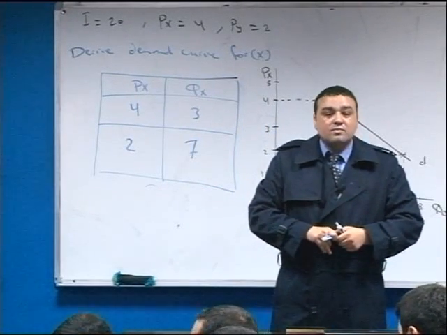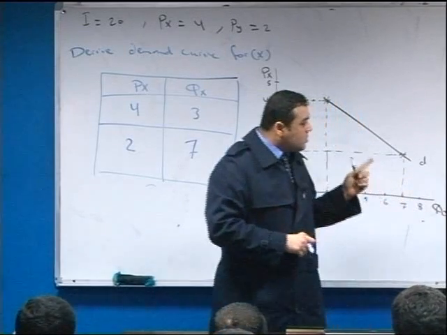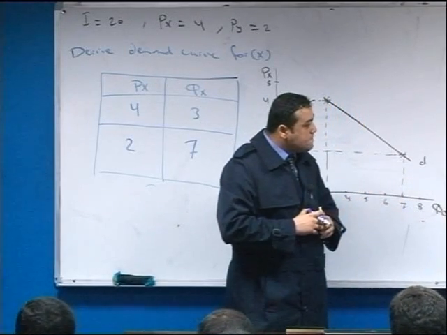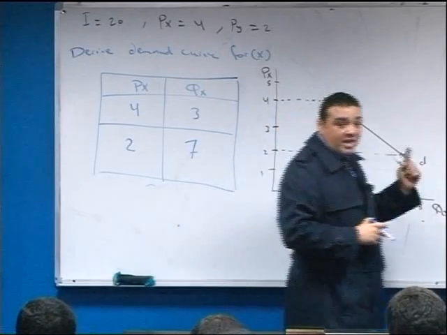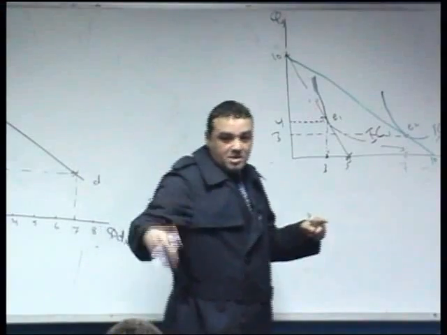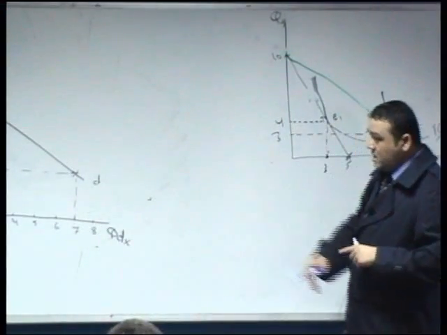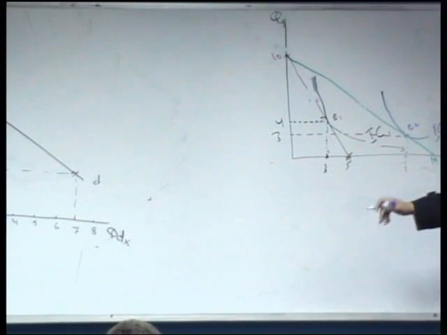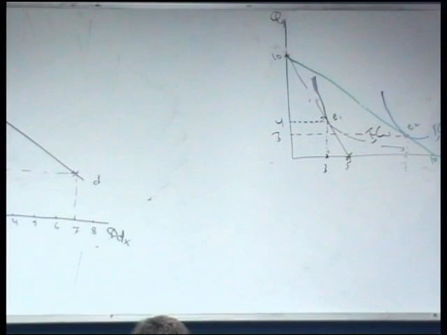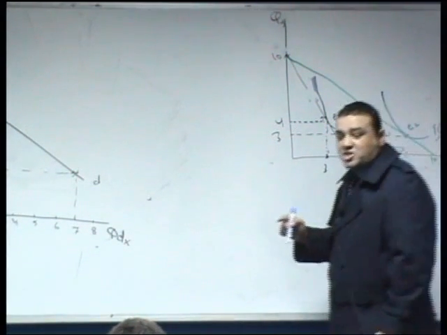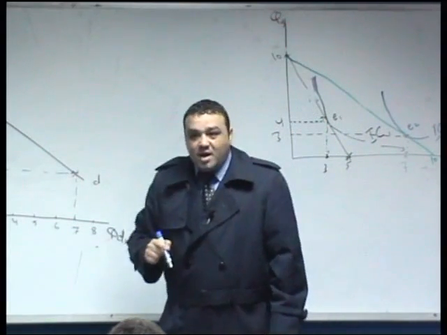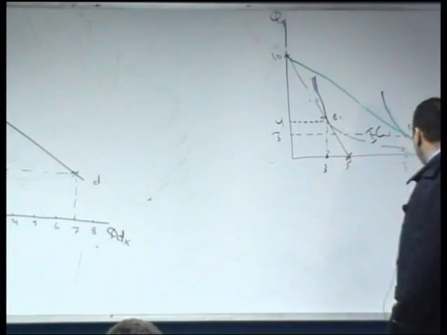Let's go to, or suppose that the prices of X, this will continue for the previous exercise. Suppose that the quantity of X that achieved the equilibrium was 8.